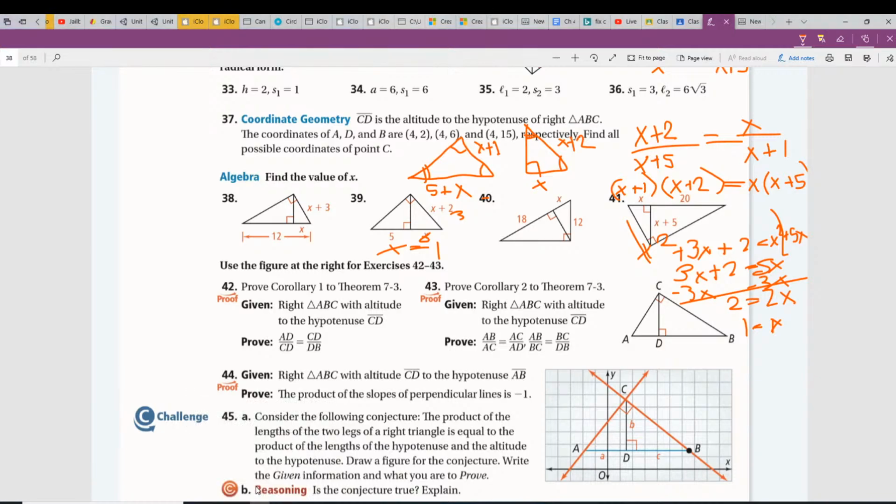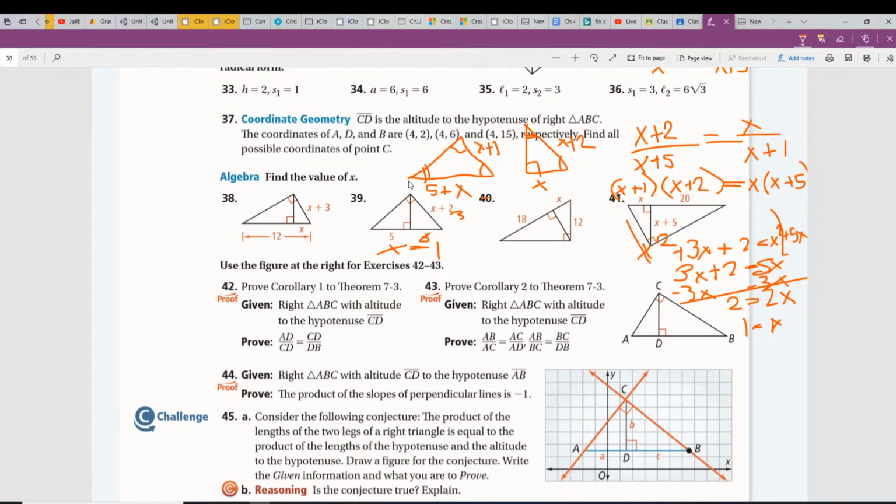What did I do wrong here? Okay. So we have x plus 2, which is our hypotenuse, divided by x plus 5. That's also the hypotenuse of the bigger triangle.